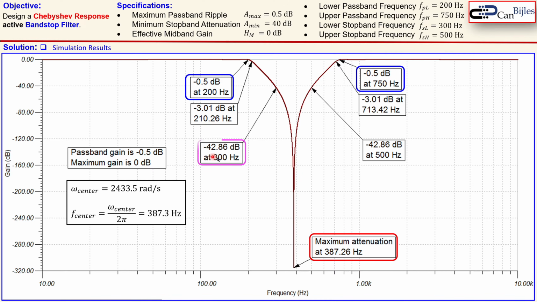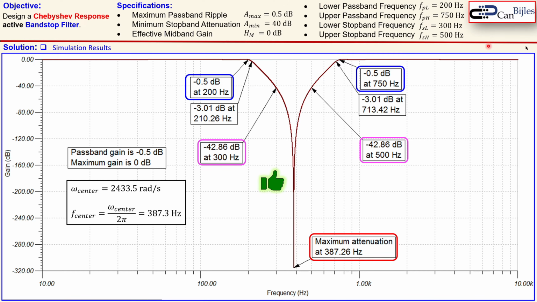Now the gain here at 300 Hz, which is our lower stop band frequency, is minus 42.86 dB, which is more than 40 dB attenuation. At 500 Hz, you see here that it's the exact same attenuation, so more than what we needed minimum for our stop band attenuation. So we can say all the specifications are met.